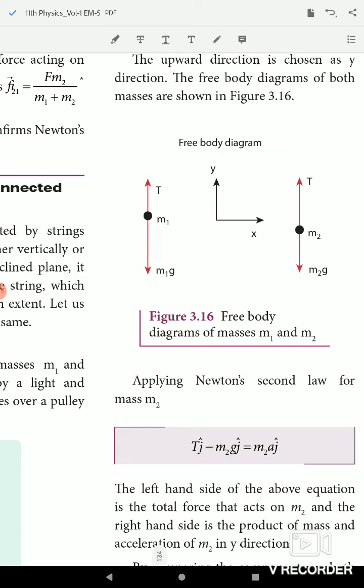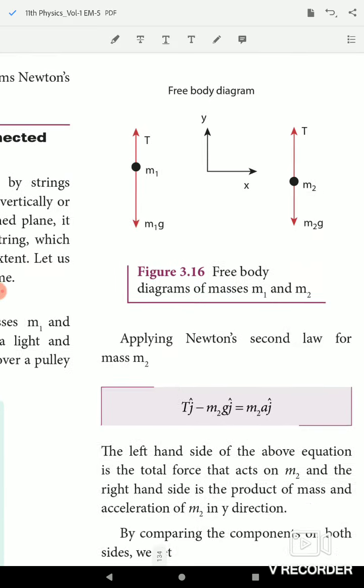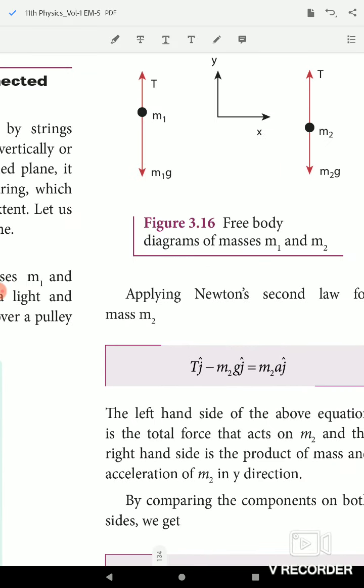According to Newton's second law, for mass M2, F equals M2a. So T j cap minus M2g j cap equals M2a j cap.